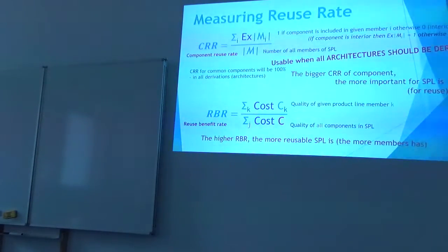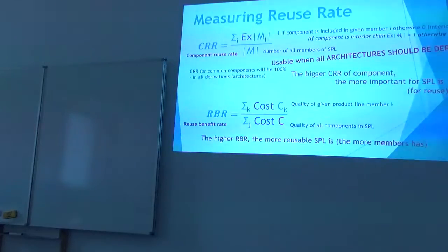The second one is a reuse benefit rate, where it's possible to make an implication of how much a given component affects reusability, and it's the sum of the whole components associated maybe with the encapsulated part of the whole module, or in our case the whole variability part of our software application, and this sum is divided by the sum of the cost of all components in our software product line.